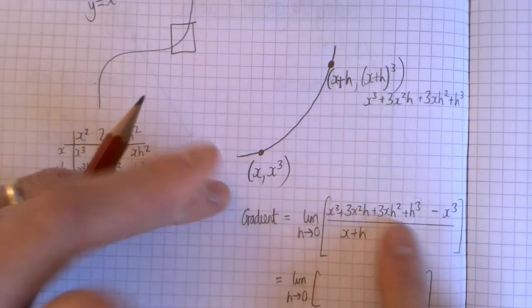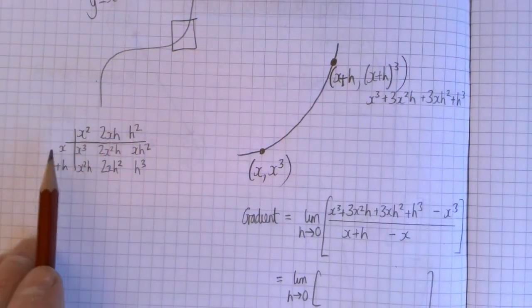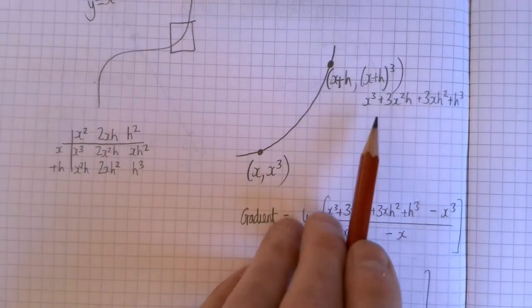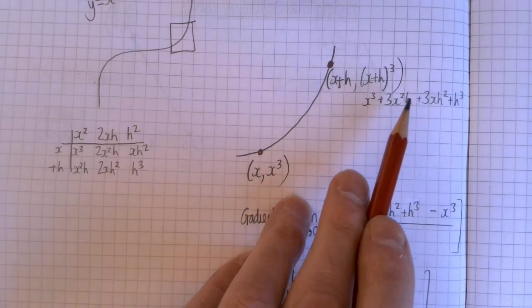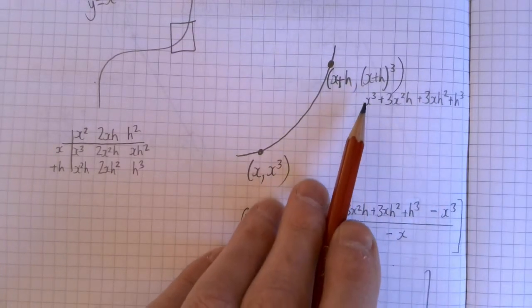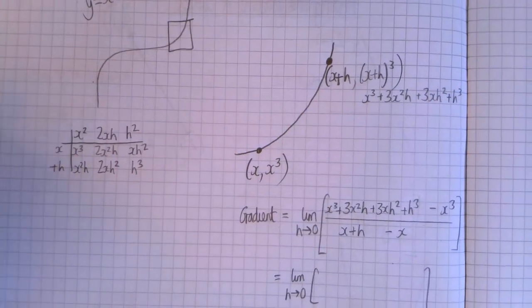So I gridded that out. I took my answer to x plus h squared and just multiplied it by another x plus h. I don't know if any of you used the binomial, but it's got that classic a cubed, a squared b, ab squared, b cubed, and the coefficients from Pascal's triangle, 1, 3, 3, 1. Anyway, whichever way you did it, hopefully you got that.